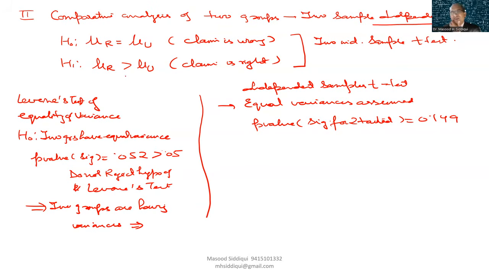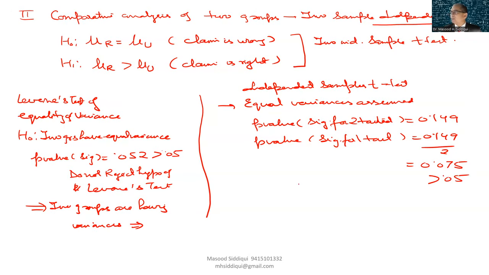Now, actually, we require the p-value for one tail only. So accordingly, the p-value or significance for the one tail test is 0.149 divided by 2. So we will be getting 0.075. Okay, so this value is again greater than 0.05. So here we are not rejecting, do not reject H naught for the t-test. Right? So we can say that the claim is wrong.